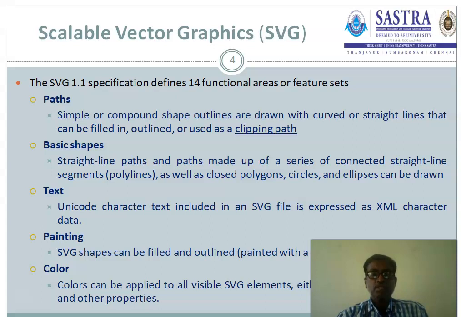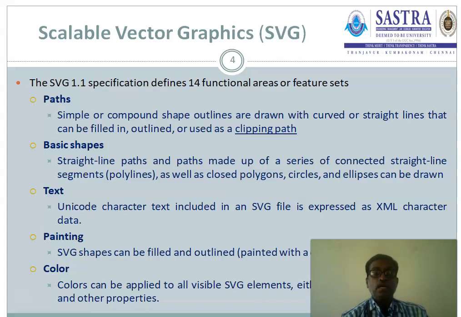And then basic shapes. Basic shapes like rectangle, triangle, circle, ellipse, square, and polygons can all be drawn, represented and stored in SVG. It provides that support. And text: Unicode character text is supported in the SVG file, so we are able to express XML character data using SVG.